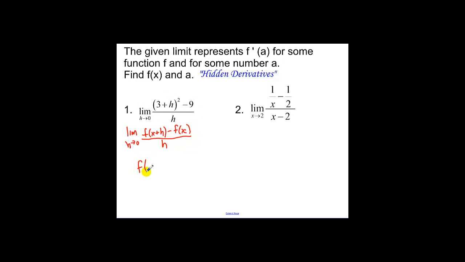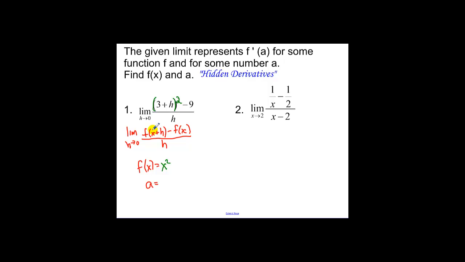I need to figure out what that function is and what that value a is that you could be finding the derivative at. Well, it looks like here, with this something being squared, that my function might be x squared.